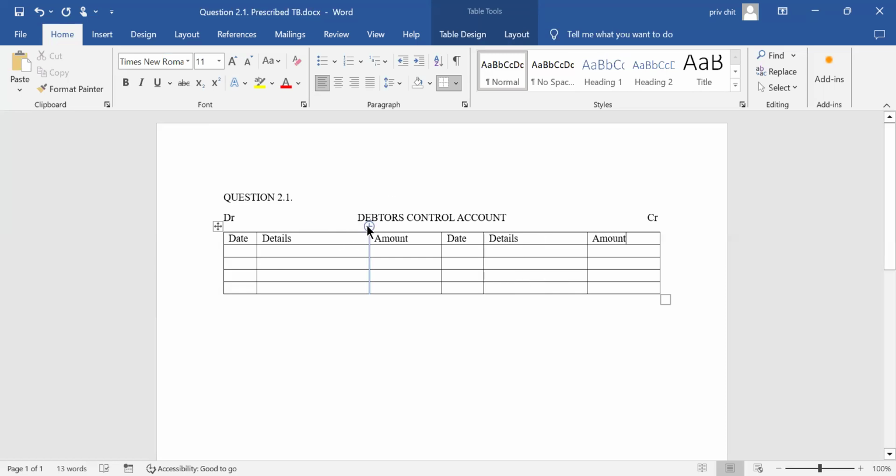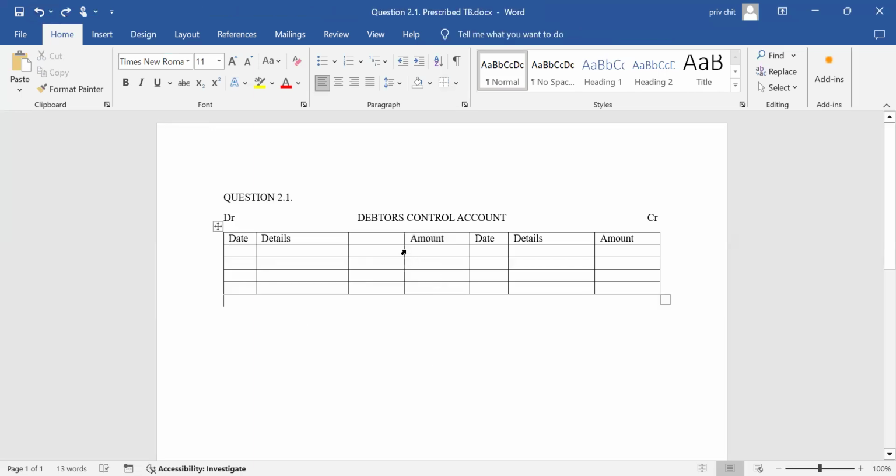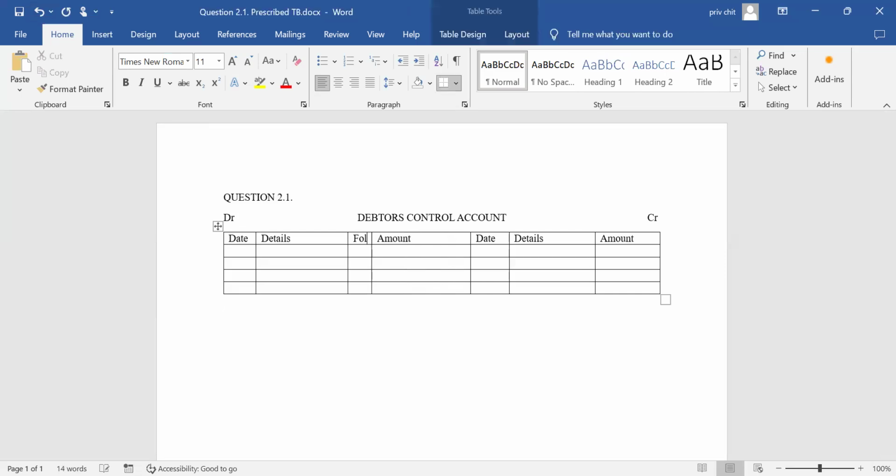Maybe we might need folio as well, but it's not really necessary, but let me just put it. So this is your folio. This is basically where you'll be indicating whether it's balance carried down, what journal it's coming from, and all that jazz. That's what folio is all about.